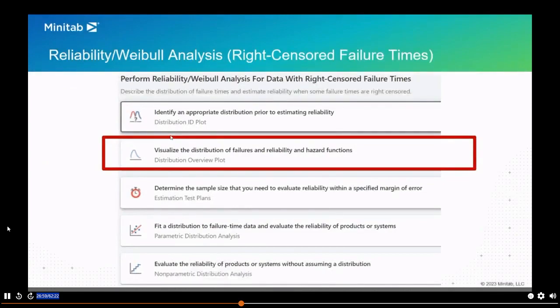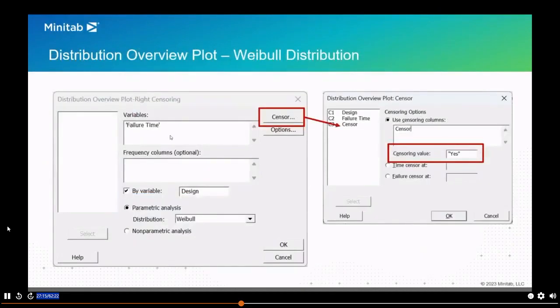In this case, I'm going to start with the Weibull. If it looks bad on the probability plot, the line doesn't go through the points well, then I might go back and do distribution identification. But we're going to just start with an overview of what's going on, comparing the new to the old design. So I choose distribution overview.